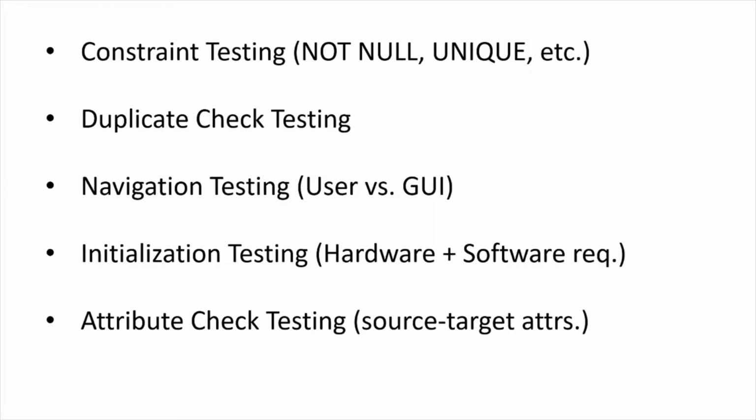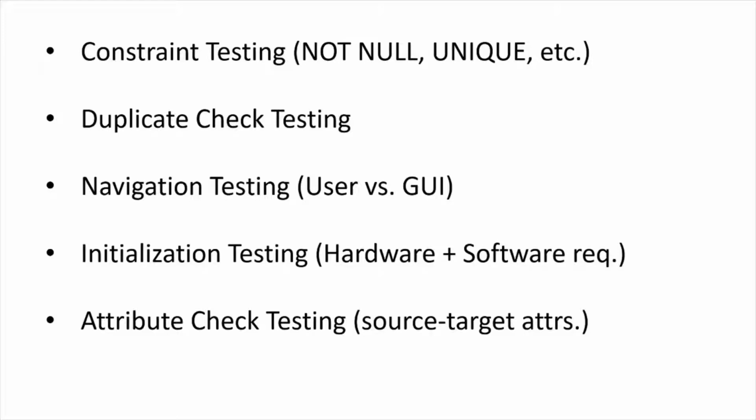Now let's review some DB test types. While testing the database, we have some constraint testing, right? So we need to ensure that the value is not null, that unique constraint is in place, etc. After that, we need to make sure that we don't have duplicates in the database, which is usually called database normalization.